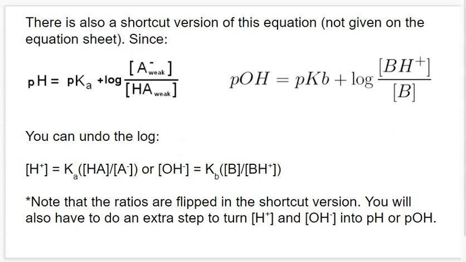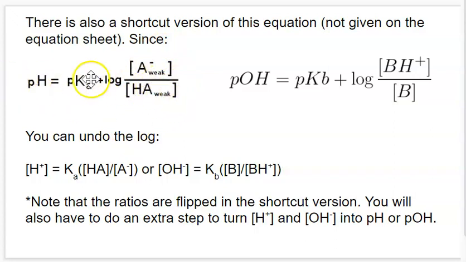There's also a shortcut version of this equation. This version is not going to be on your equation sheet. We have pH equal to pKa plus the log of the ratio of the conjugate base over the acid.